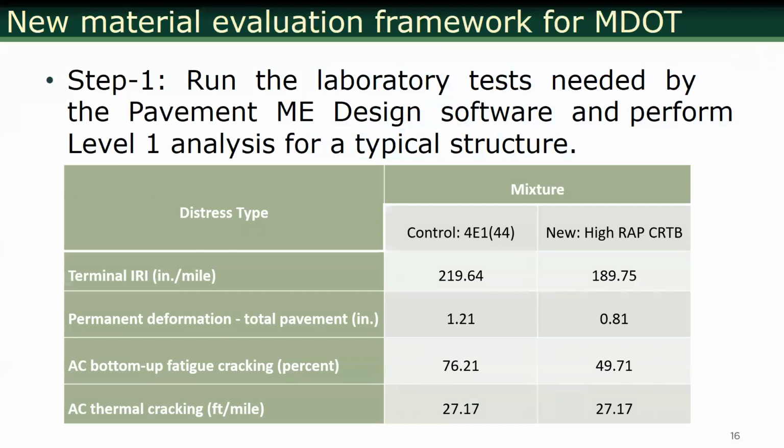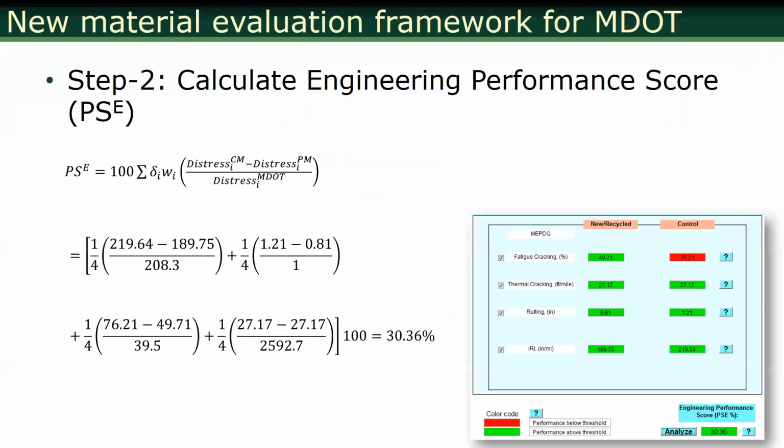Let's say you run the laboratory tests needed by the Pavement ME design for level 1 analysis, and you get these numbers. Your performance score is based on the distress of your control material minus the distress of your proposed material, divided by the distress of the typical MDOT mix. This is essentially your performance score. And for these typical distresses for the MDOT mixtures, we came up with distresses for a few typical structures, and this is how we come up with that performance score.